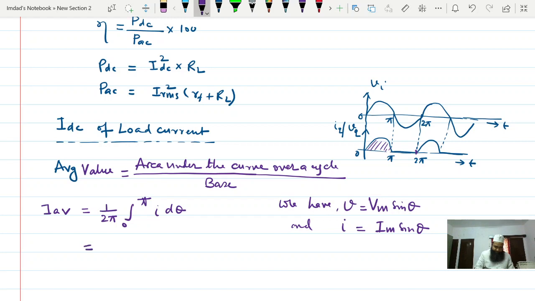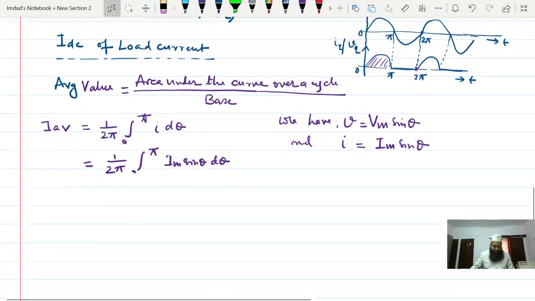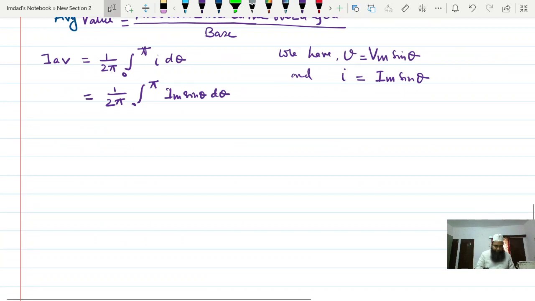Then we can write 1 upon 2 pi, integral 0 to pi, I can be written as Im sin theta d theta. We can calculate this.